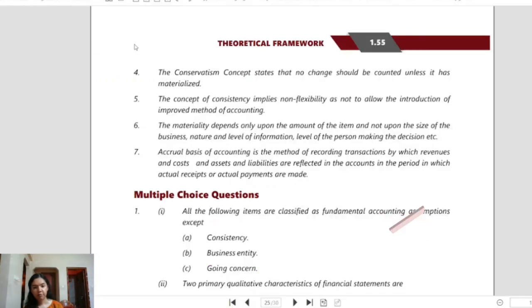Question number 7. Accrual basis of accounting is the method of recording transactions by which revenues and costs and assets and liabilities are reflected in the accounts in the period in which actual receipts or actual payments are made. The statement describes the cash basis of accounting and not the accrual basis.